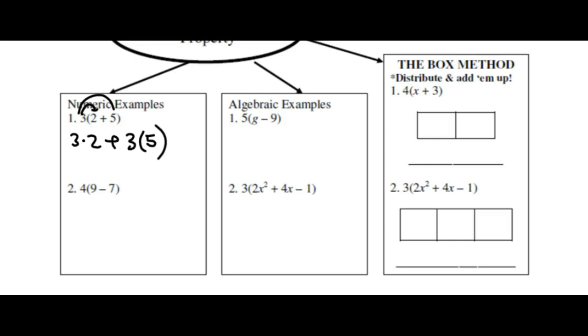I wrote one with the dot for multiplication, the other one with the parentheses, just to remind you that you can do either one of those. And then I would simplify. 3 times 2 is 6, plus 3 times 5 is 15.